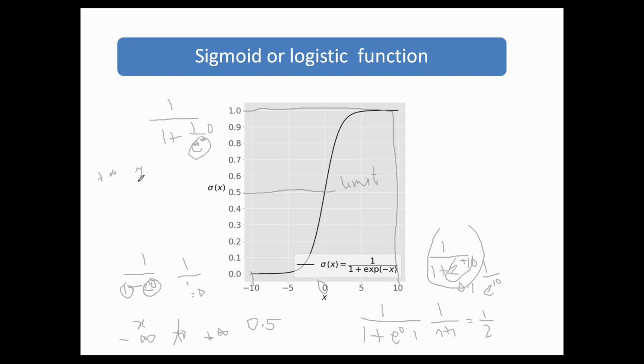That means when x is large, the output is going to be 1. When minus infinity, y will go to 0. So y will vary only between 1 and 0.